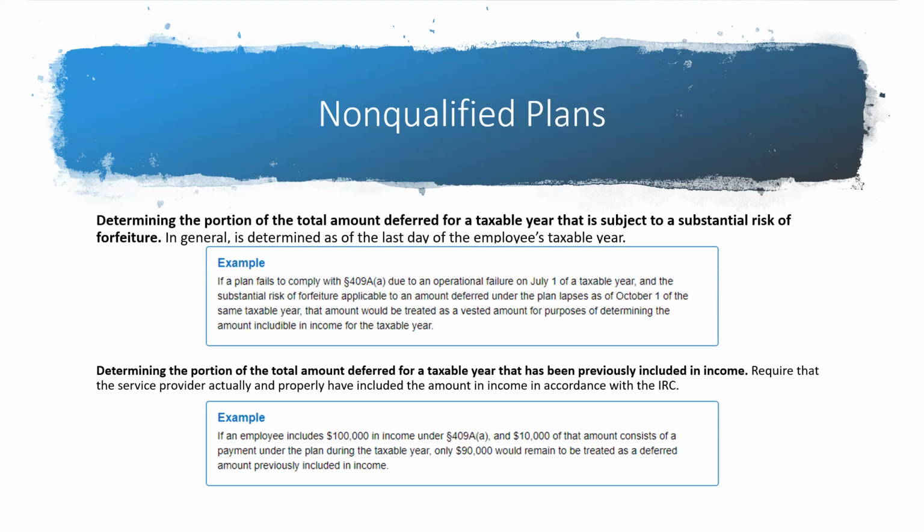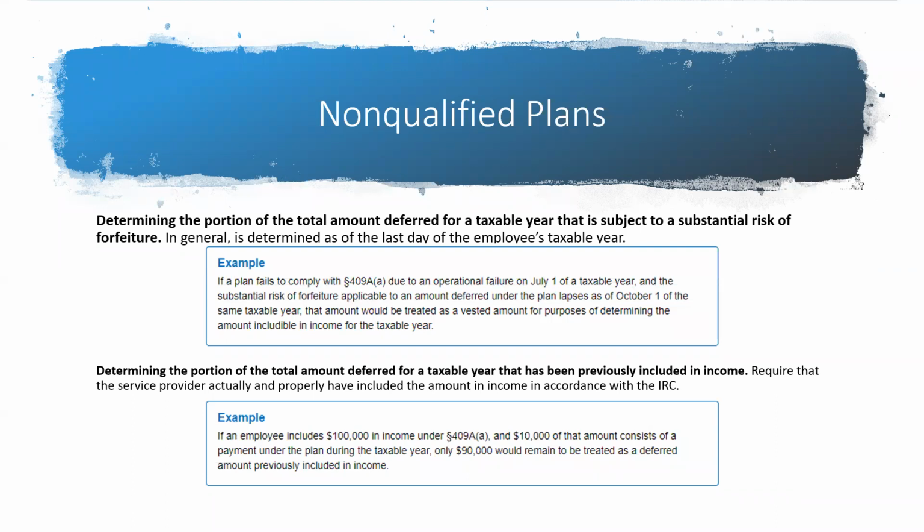You can see your example that says if a plan fails to comply with 409A due to an operational failure on July 1 of a taxable year and the substantial risk of forfeiture applicable to an amount deferred under the plan lapses as of October 1 that same taxable year, that amount would be treated as a vested amount for purposes of determining the amount includable in income for the taxable year.